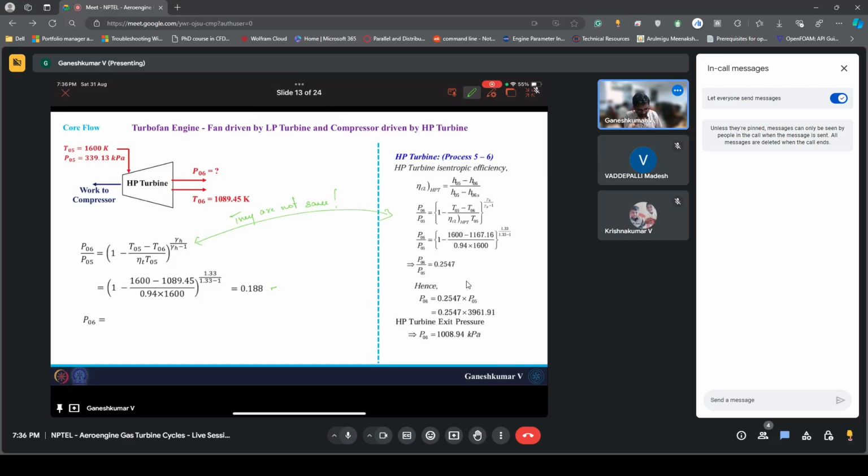You have 1.88 there, and here you have 0.2547. This leads to a lower pressure here, around 744.8 kilopascal, while the HP turbine exit pressure before was 1008.94 kilopascal. So this is the major difference: you will have lower temperature and pressure at the exit of the HP turbine when you go from configuration 1 to configuration 2.